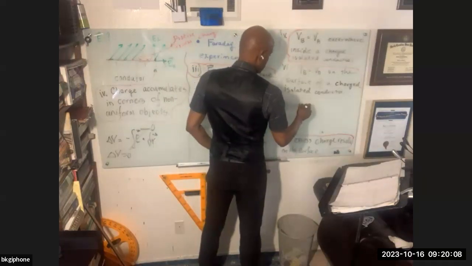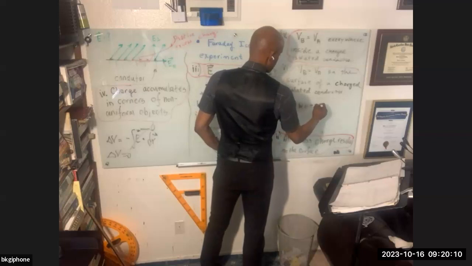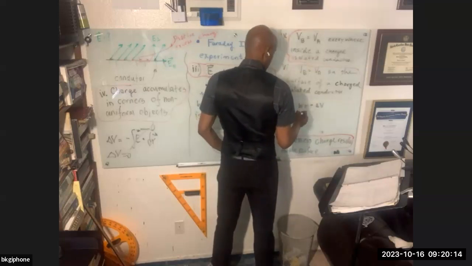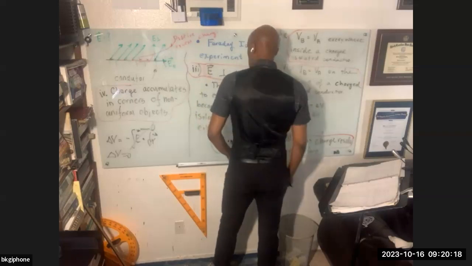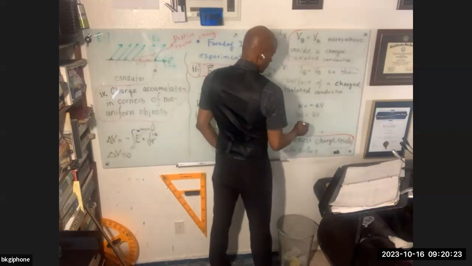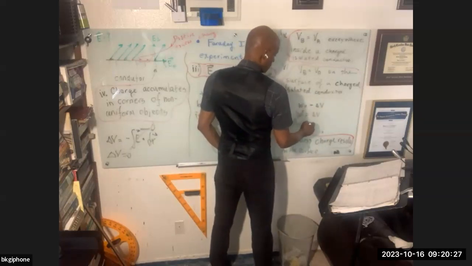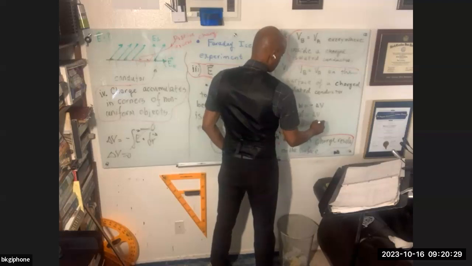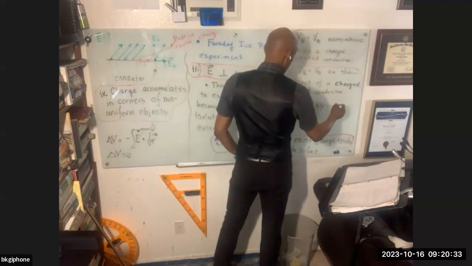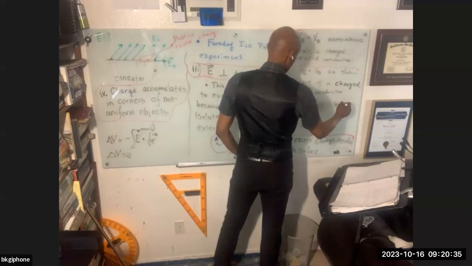Because work is equal to the negative of the change of potential energy, or if you take the absolute value of the work, just equal to the change of potential energy. But the change in potential energy is equal to 0. So again, we're back to delta V equal to 0, which leads to VA equals VB.